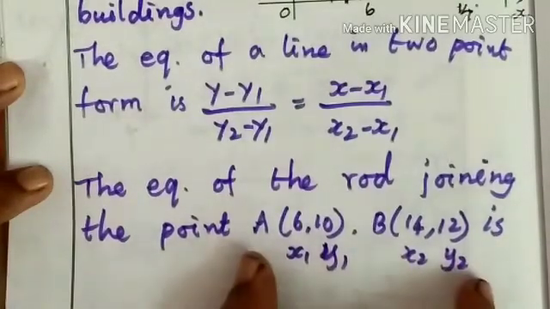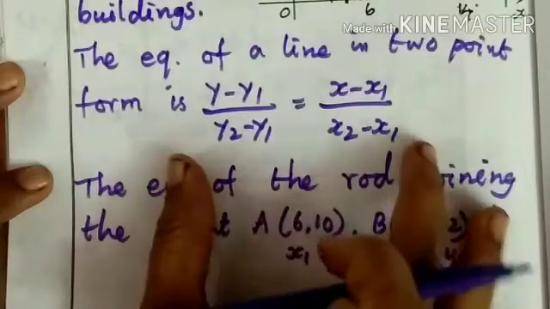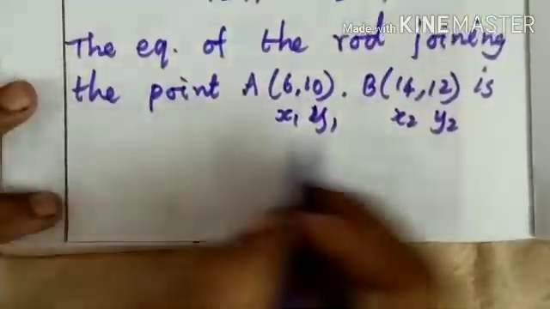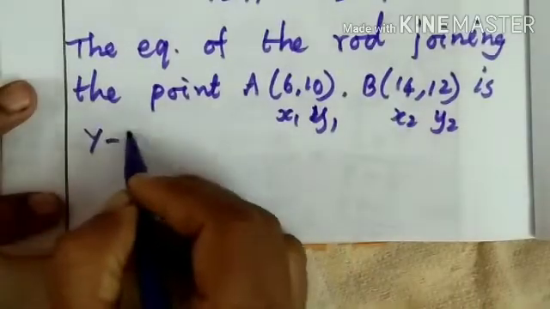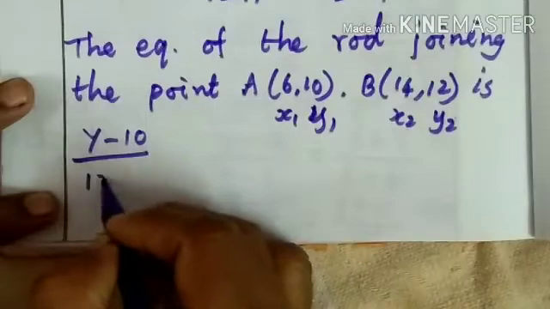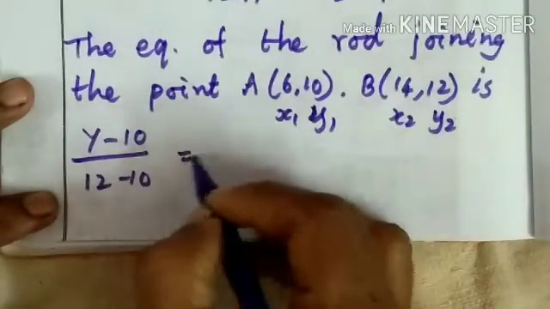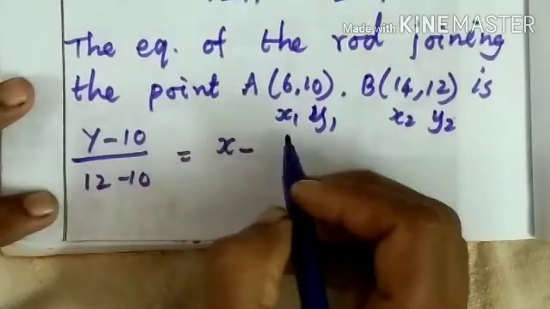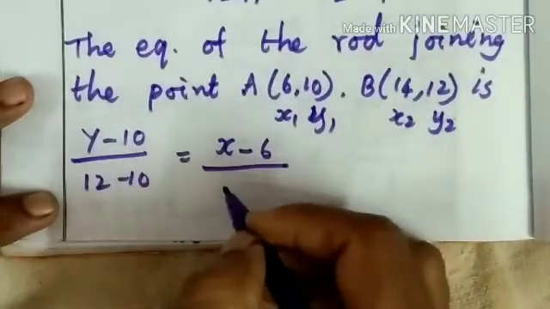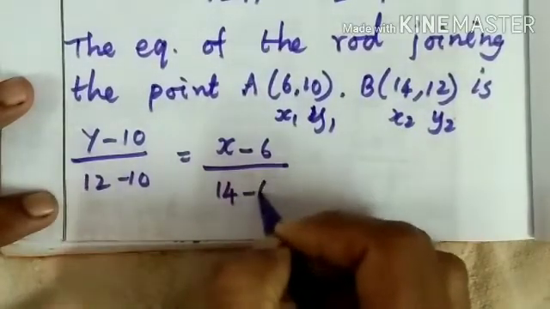Now, you have to substitute these points in this formula, means we get the equation, that is y minus y1, y minus 10 by y2 minus y1, 12 minus 10 is equal to x minus x1, x minus 6 by x2 minus x1, 14 minus 6.